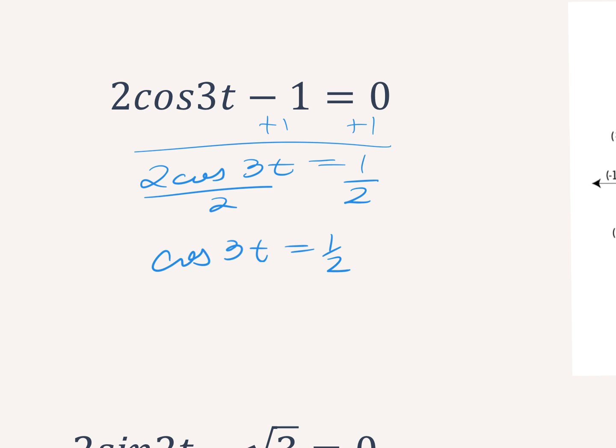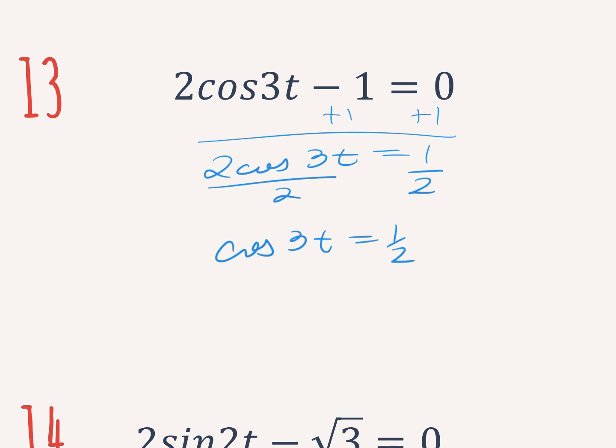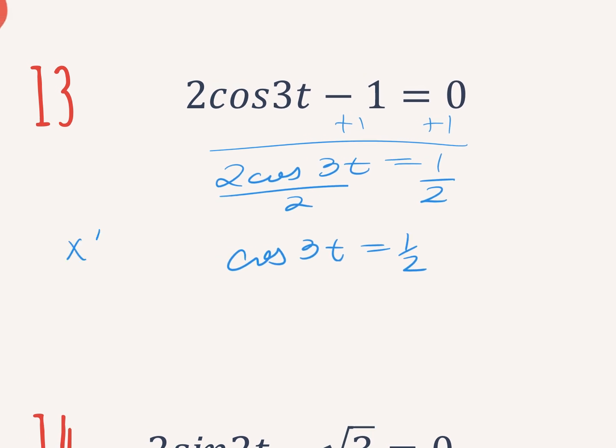I need to look at my unit circle and figure out where on the unit circle. Remember, cosine is going to look at the x. So I'm looking for an x equal to 1/2. Remember, x, y in your ordered pair. I'm going to go ahead and narrow this down. All students take calculus. So cosine is positive here and here.